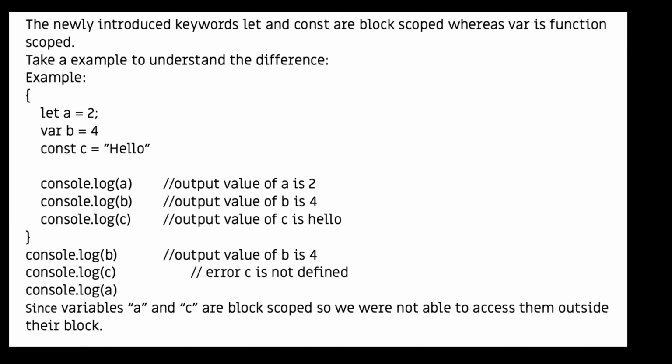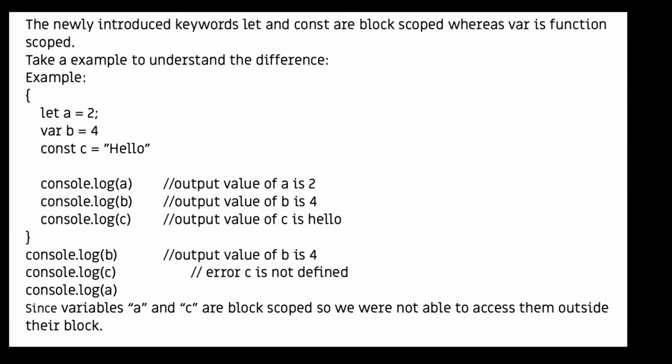So check these values a, b, c by console.log. This shows the result of value of a is 2 and value of b is 4 and value of c is hello.